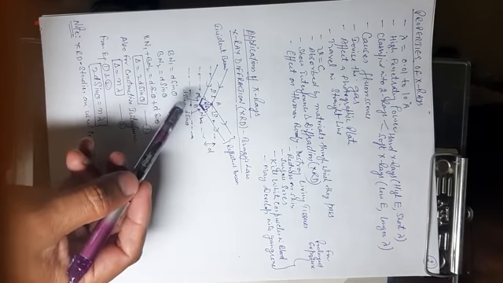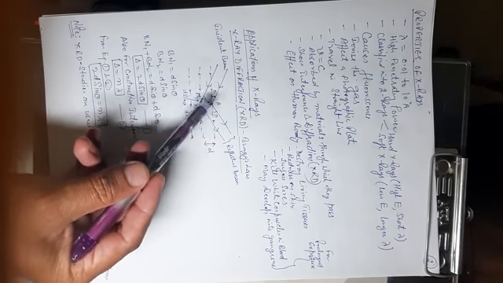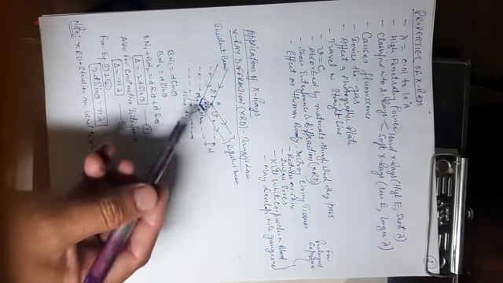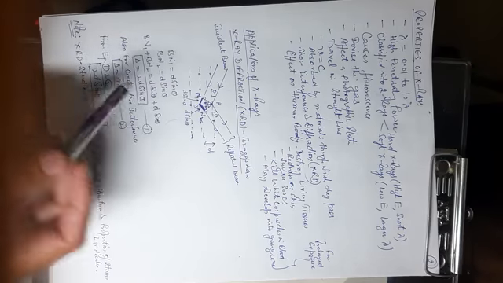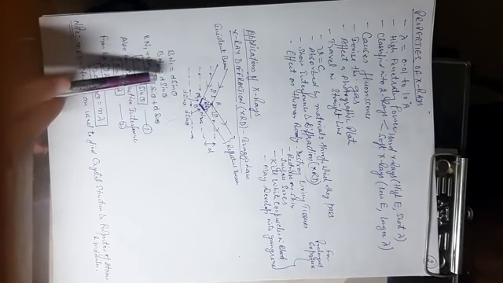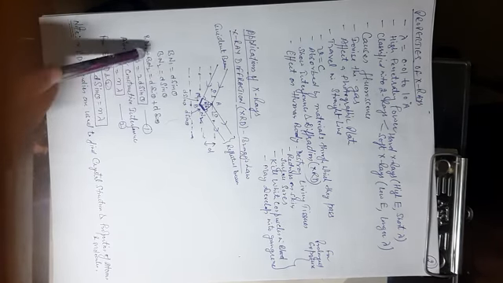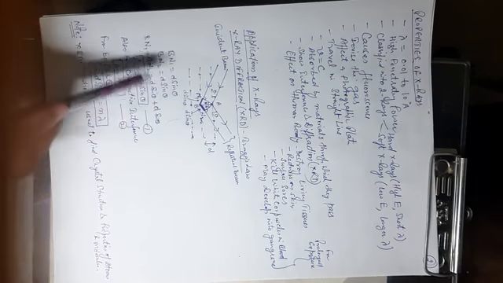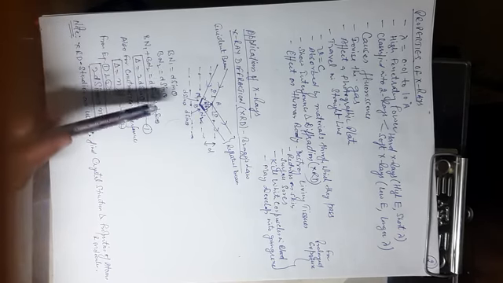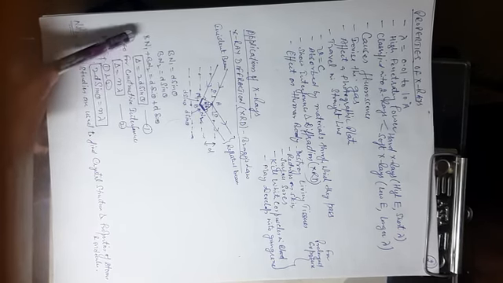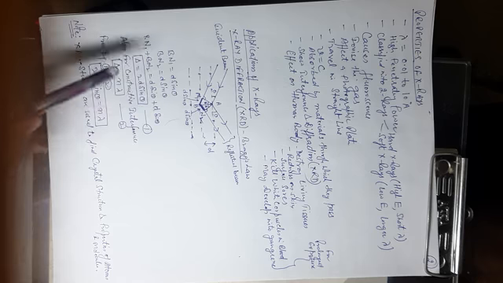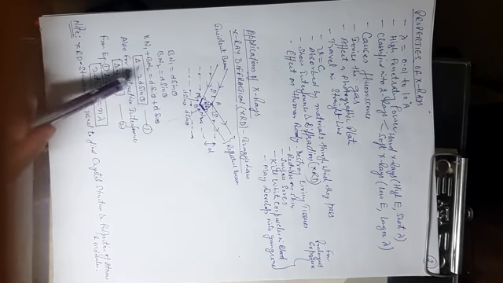If we study the right angle triangles ABN1 and ABN2, then it is observed that BN1 is equal to d sine theta and BN2 is equal to d sine theta because both triangles are similar. So the total path difference is BN1 plus BN2, that is d sine theta plus d sine theta, that is 2d sine theta is equal to delta.